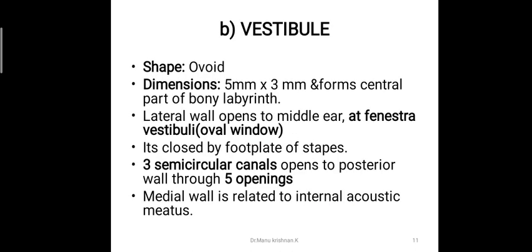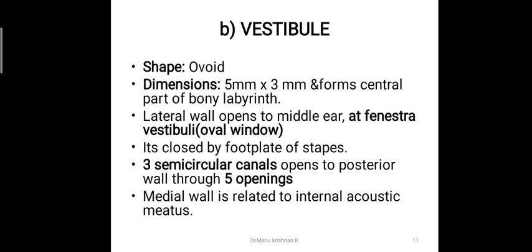And the vestibule, the second part of the bony labyrinth, is ovoid in shape, its dimensions are 5 into 3 millimeters, and it forms the central part of the bony labyrinth. The lateral wall of this vestibule opens to the middle ear at the fenestra vestibuli or the oval window.